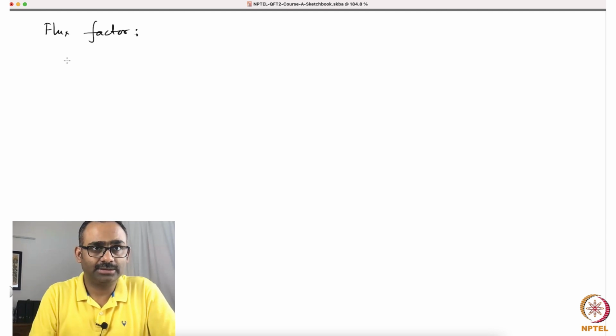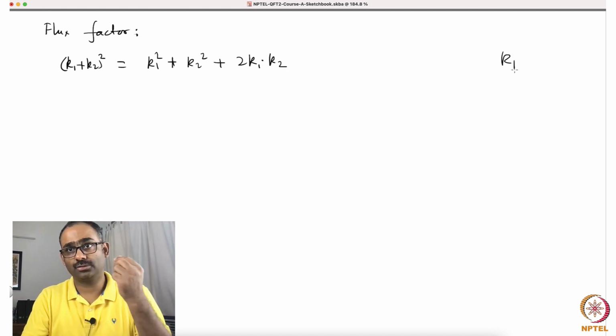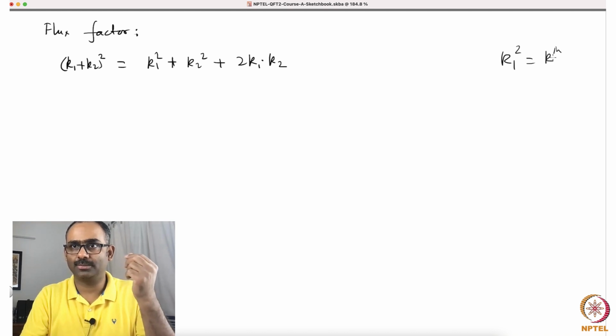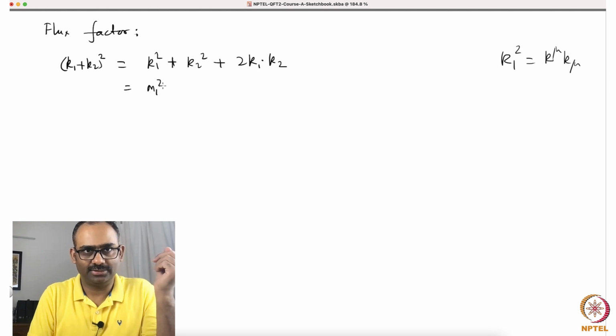For that I will calculate k1 plus k2 square, and this is k1 square plus k2 square plus 2 k1 dot k2, where k1 square is k mu squared. So k1 square is just m1 square, k2 square is m2 square, plus 2 k1 dot k2.